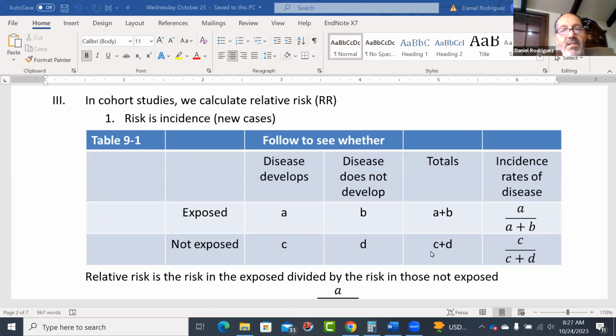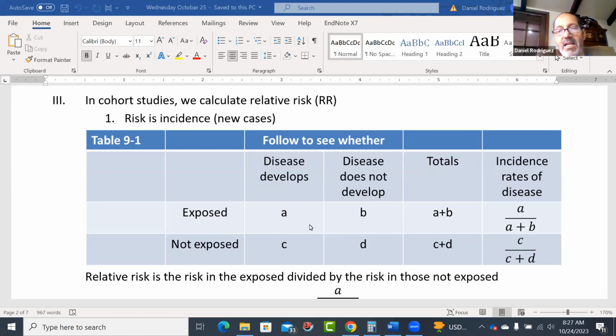When we look at the effect of exposure on an outcome, we can calculate incidence, right? Incidence means new cases. Incidence is also known as risk. So for instance, here we have exposed individuals and we have disease developing among the exposed and the disease not developing among the exposed. Incidence by definition is developing the disease among those who are exposed.